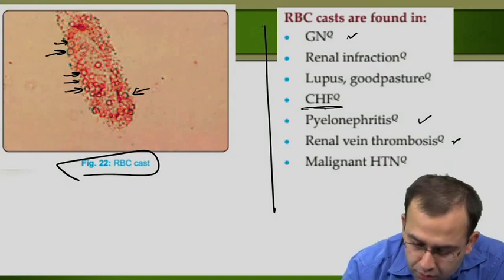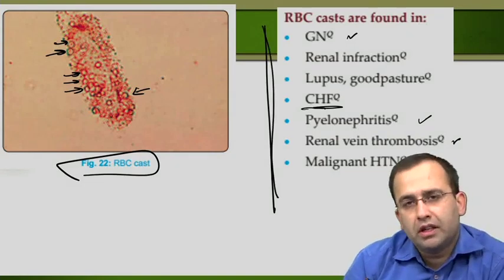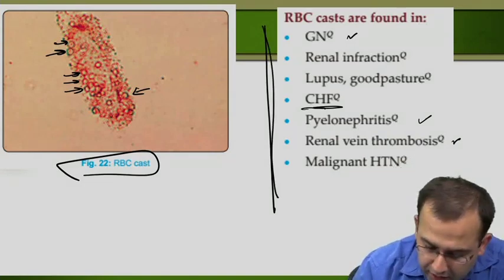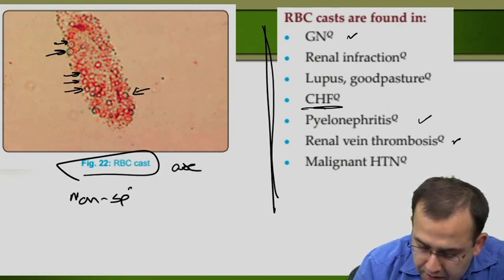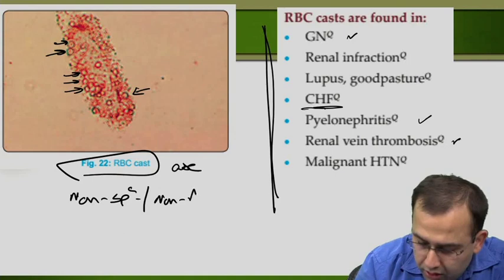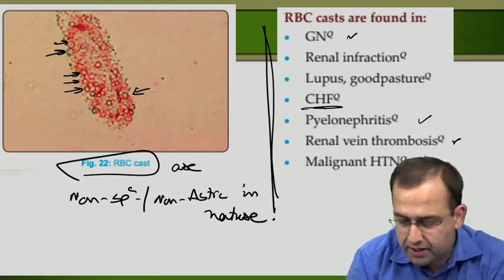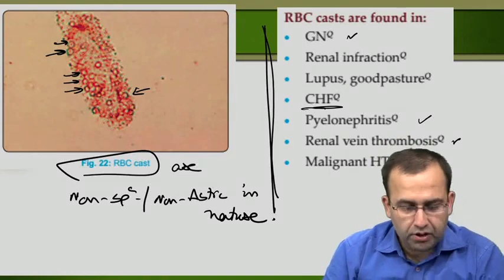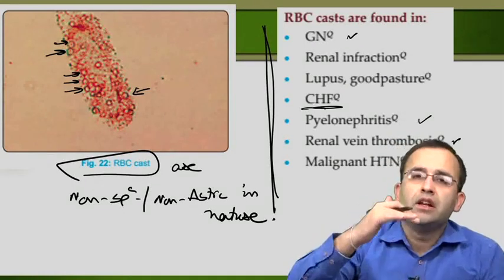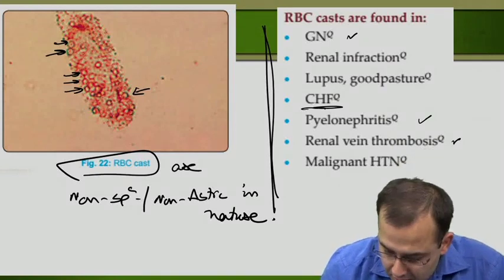Much more important than remembering the list is the fact that RBC casts are non-specific or non-diagnostic in nature, because they are seen in a variety of diseases.